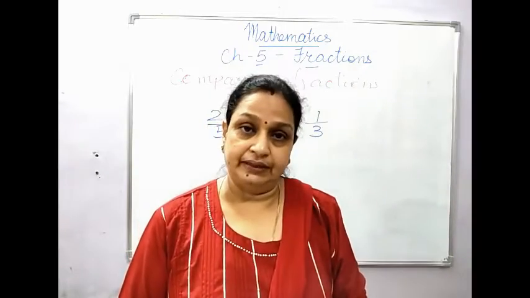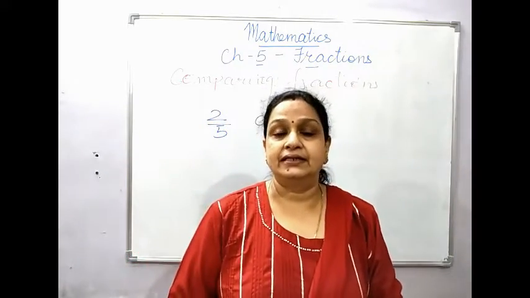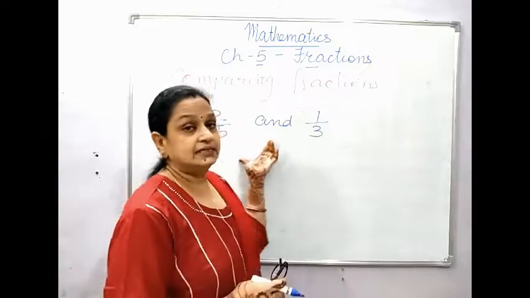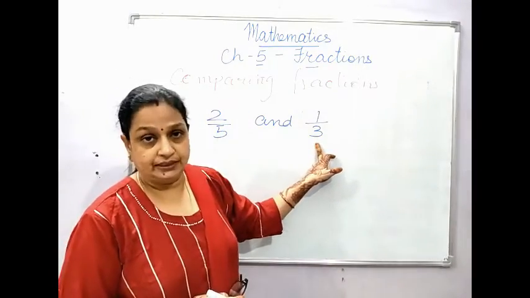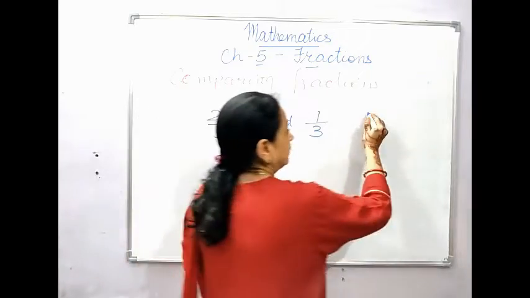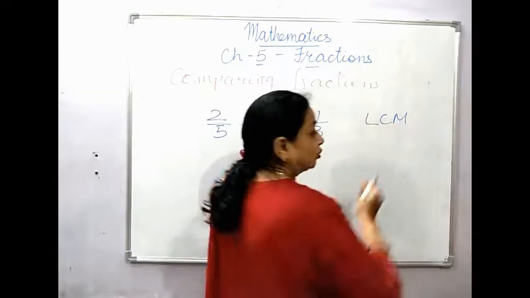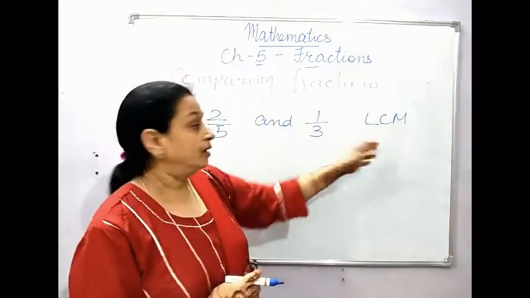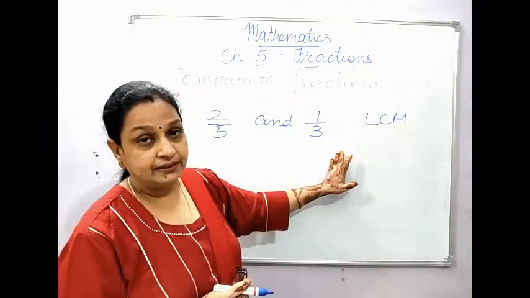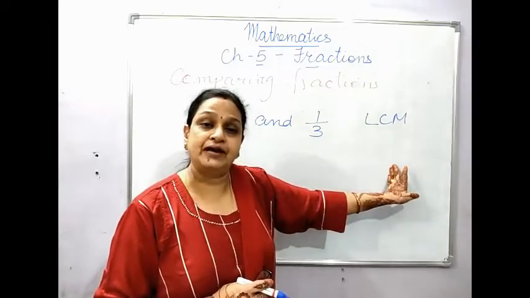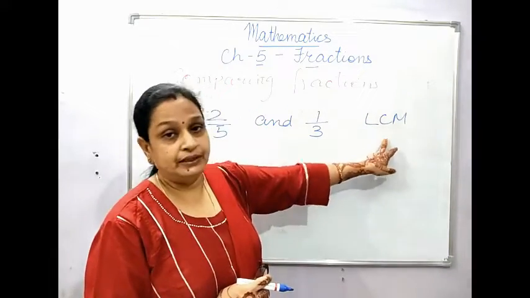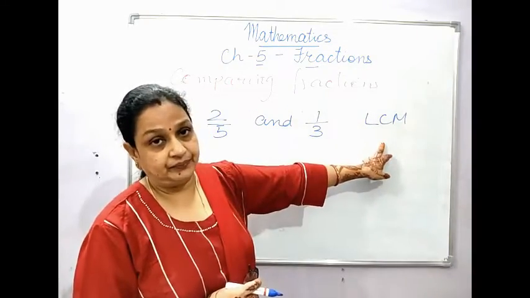You can use any method. One method is that in such cases you find out the LCM of these denominators, the lowest common multiple. Then you find out the equivalent fraction with that LCM as denominator.